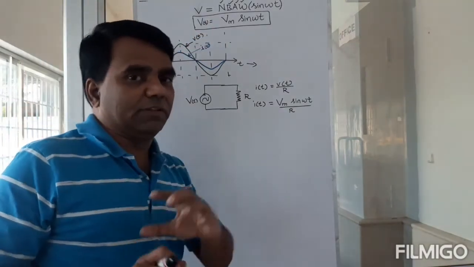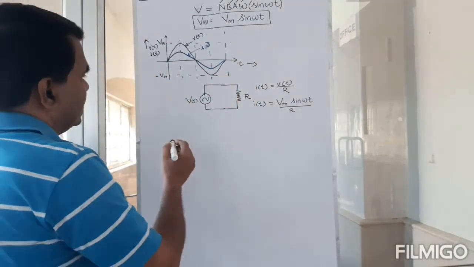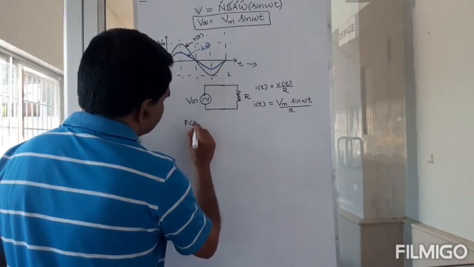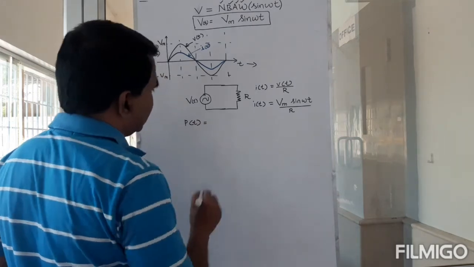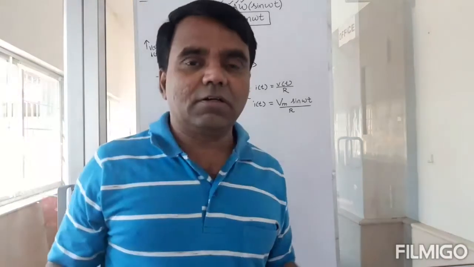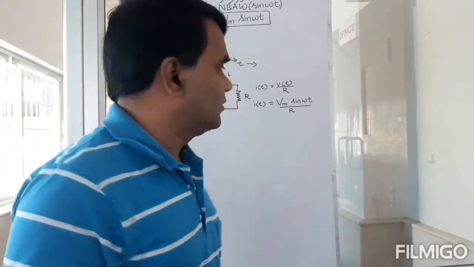What about the power? So at every instant there will be power. So what is that? The power P of t is given by, power is I squared R or V into I. So either way you can do that.